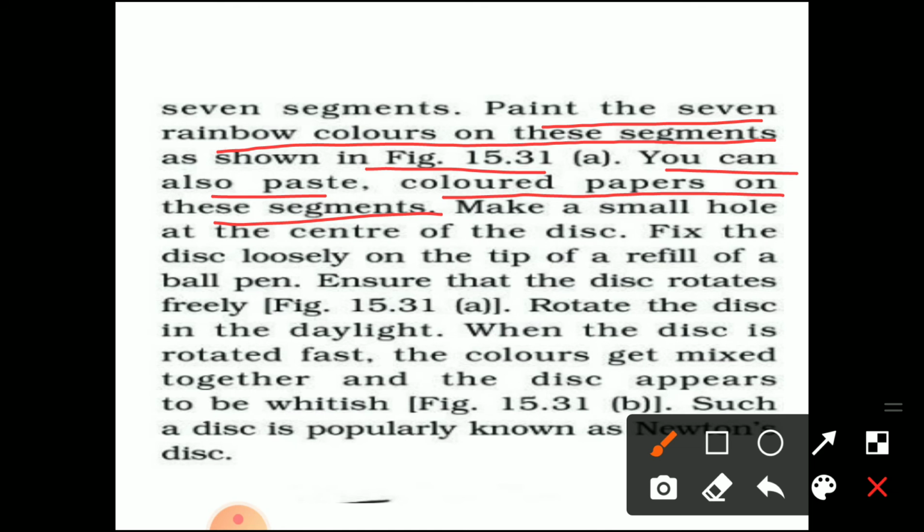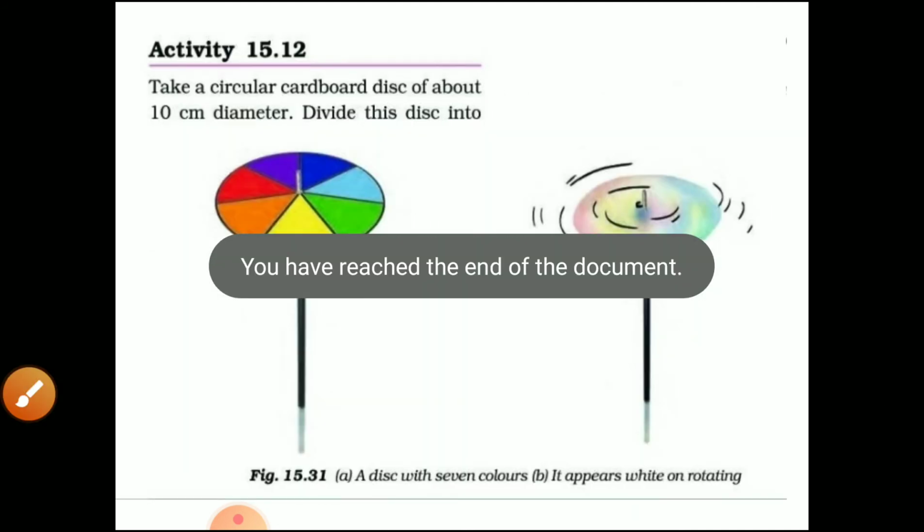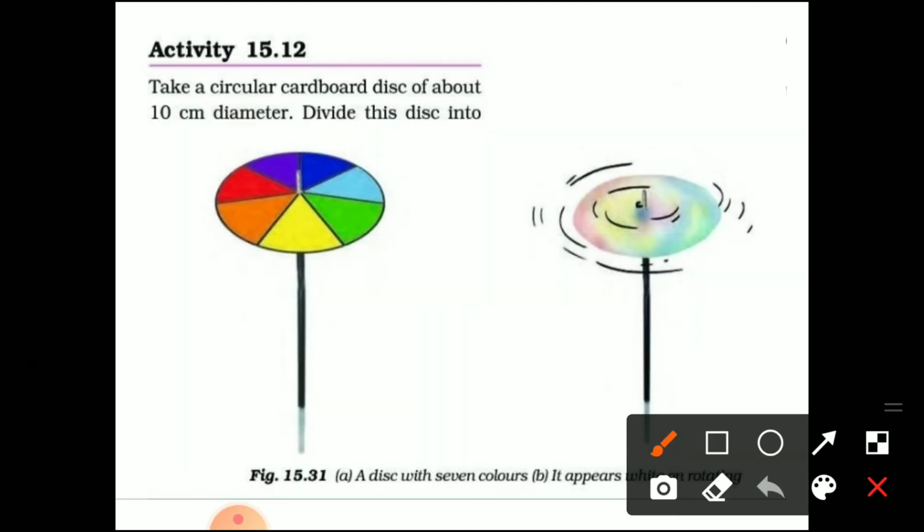Now make a small hole at the center of the disc and fix the disc loosely on the tip of a refill or a ball pen. You can see we have made a small hole at the center of this disc and fixed the disc loosely on the tip of a refill of a ball pen.